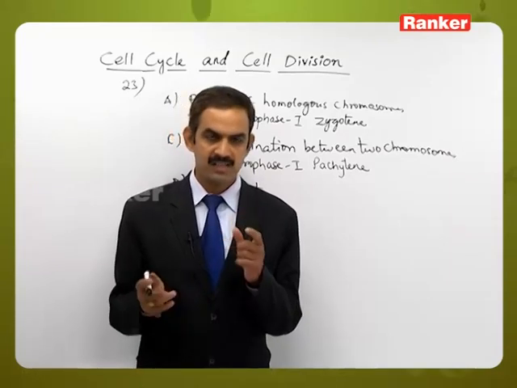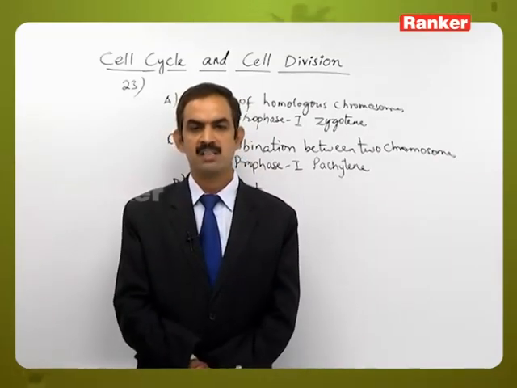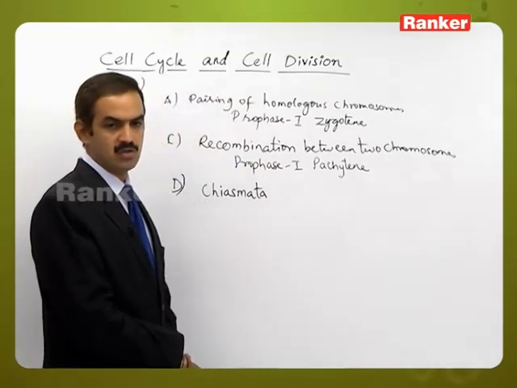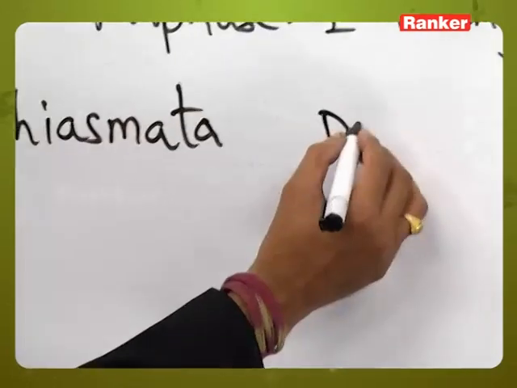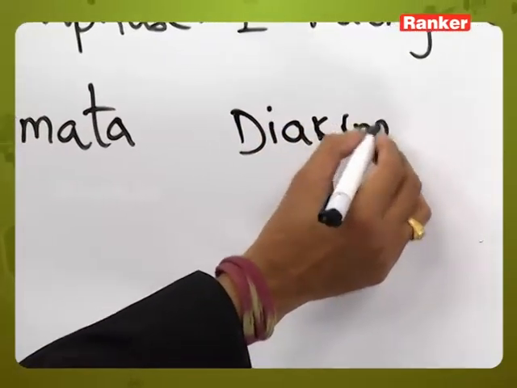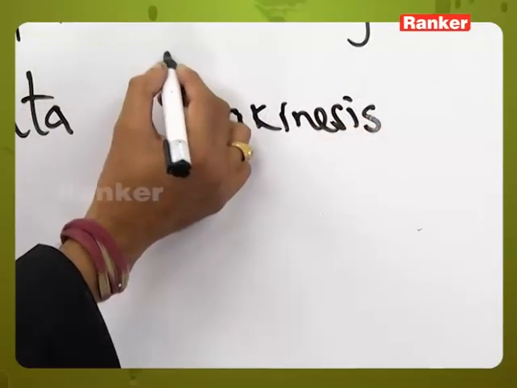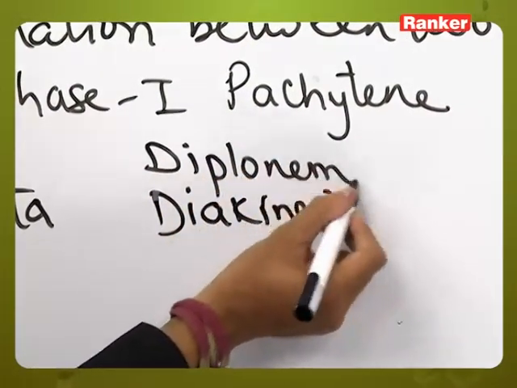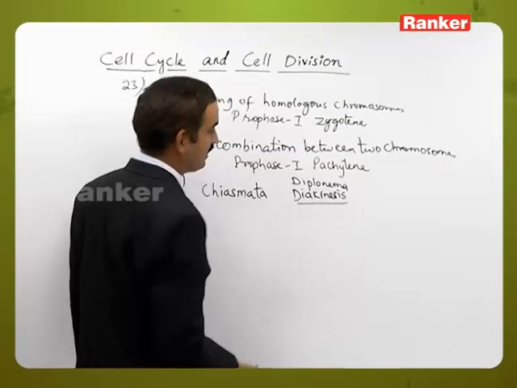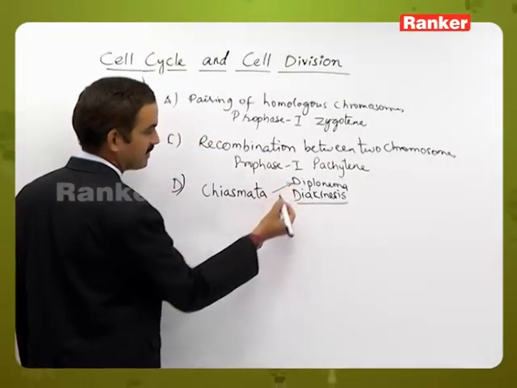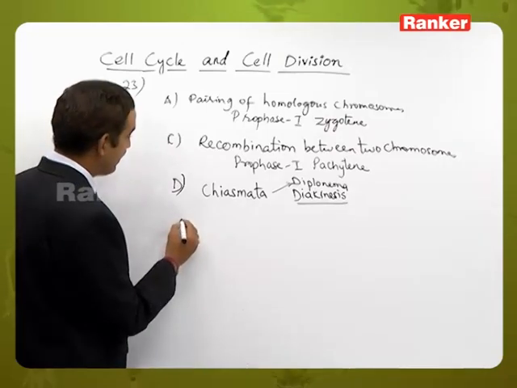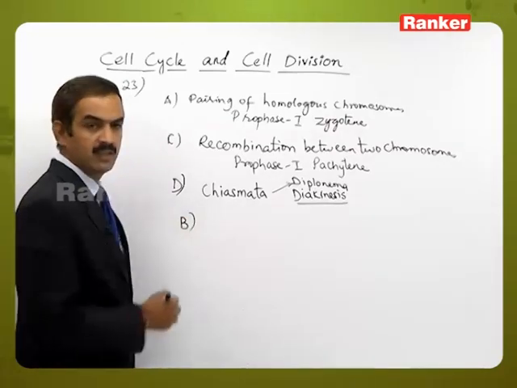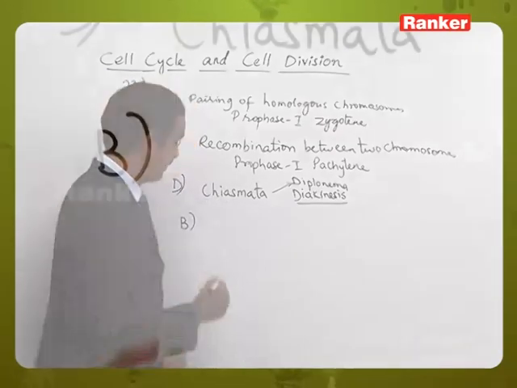As the repulsion increases, the chiasmata can be clearly seen in the form of an X-shaped structure. So that is during the diakinesis stage. Before this, it can also be seen in the diplonema stage, and of course it will be moving to the tip. So chiasmata will be clearly seen during the diplonema stage, and the next one will be the separation of the genomes.